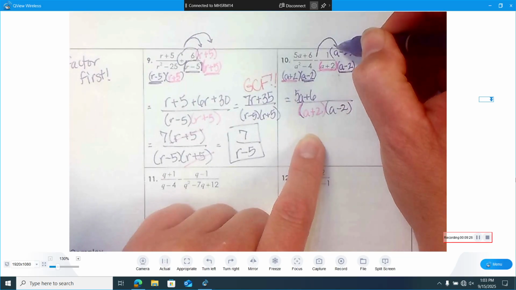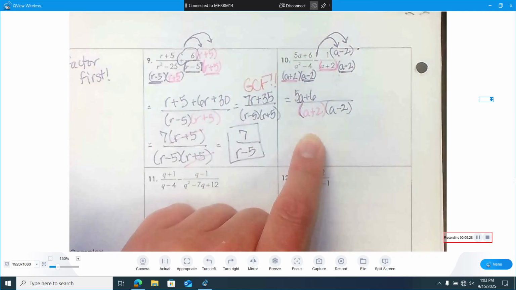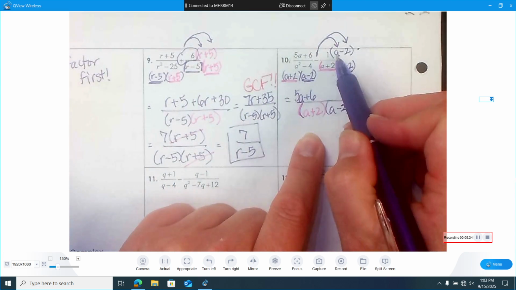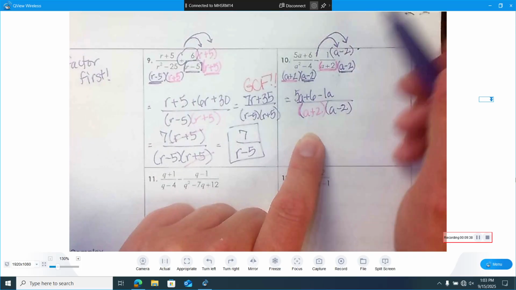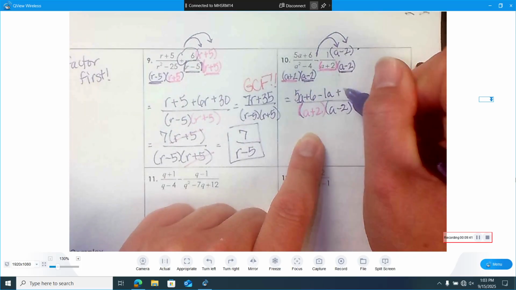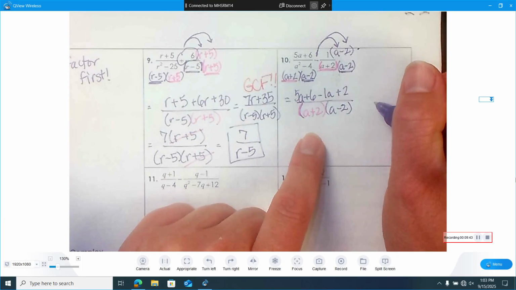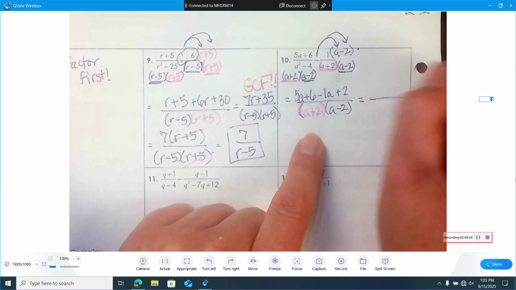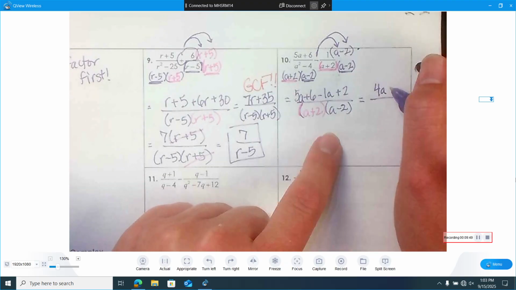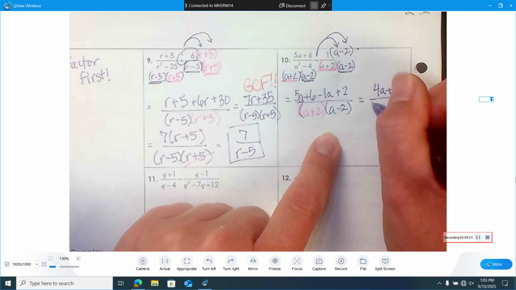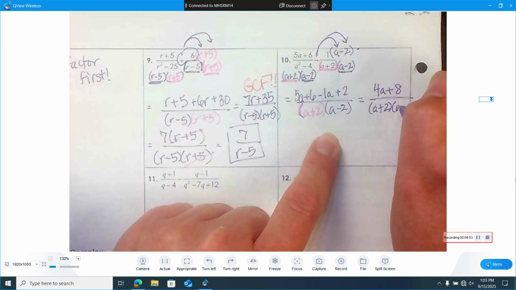Yeah, distribute the negative 1 and you'll make far, far fewer mistakes. This is a huge mistake area right here. Negative 1 times A would be negative A, and then negative 1 times negative 2, positive 2. All right, let's see. That gives me my, good, 4A plus 8 over A plus 2, A minus 2.